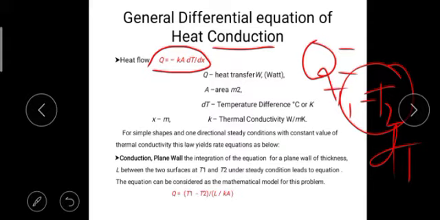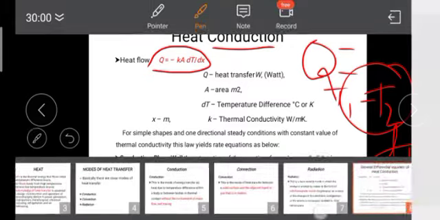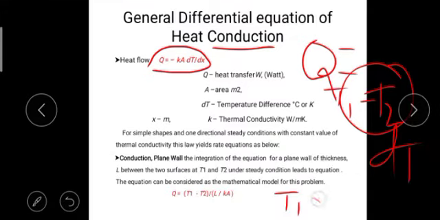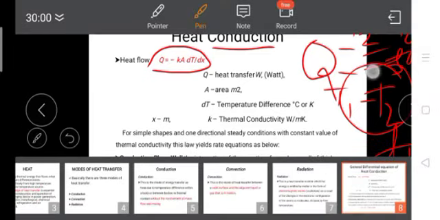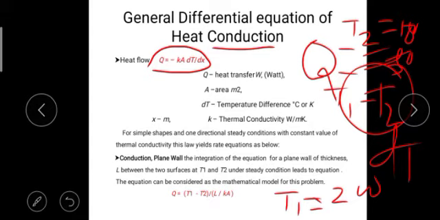Already we know this: heat is transferred from the higher temperature to the lower temperature. So T1 may be 200 degrees Celsius, and T2 is lower, say 150. So what is the difference? It is 50 degrees Celsius. It is denoted by dT.